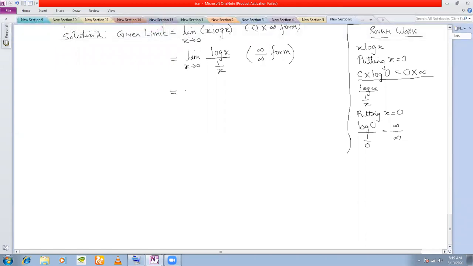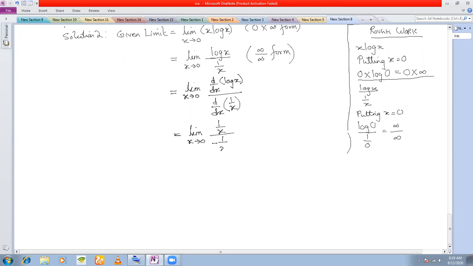How do you use L'Hospital rule? You differentiate the numerator and denominator separately. So limit x tends to 0 of d/dx of log x by d/dx of 1 by x. After differentiation, you will again put the value of x and check whether it is a determinate or indeterminate form.